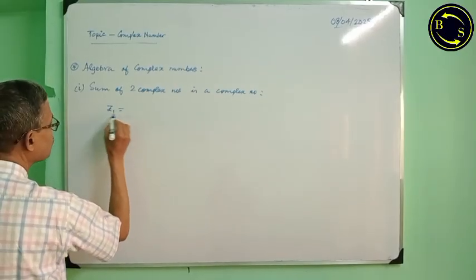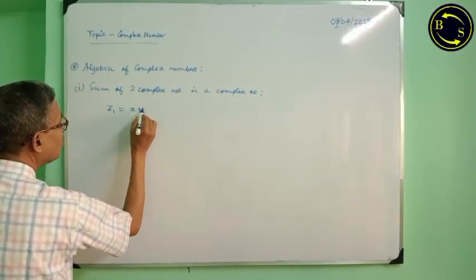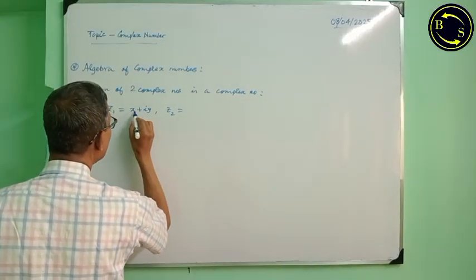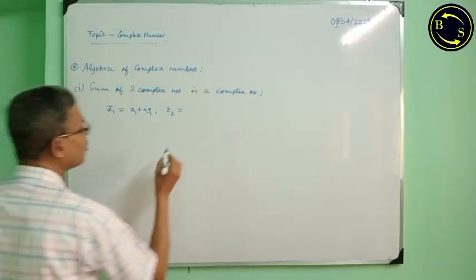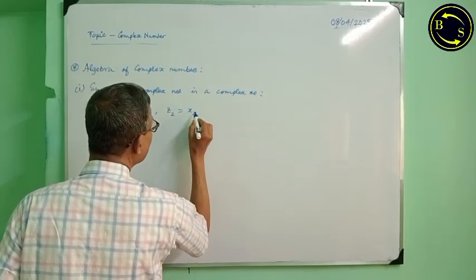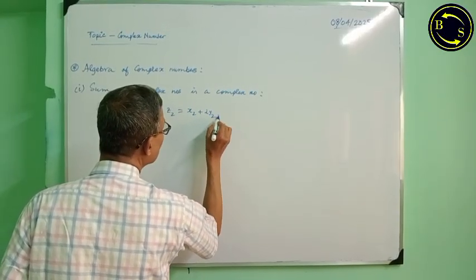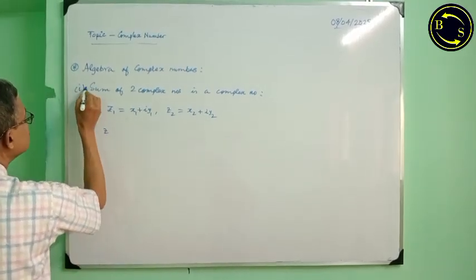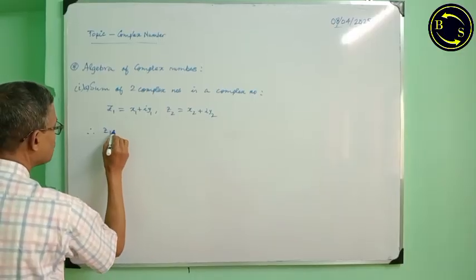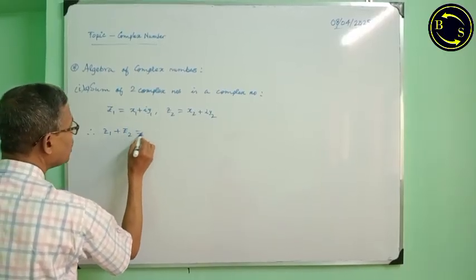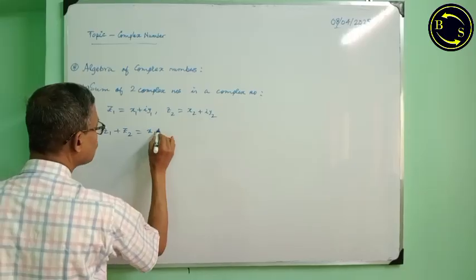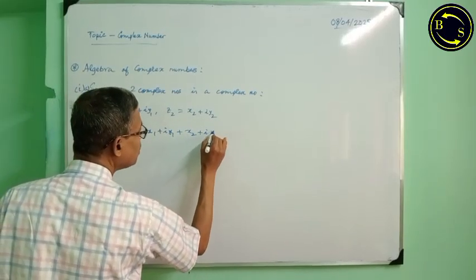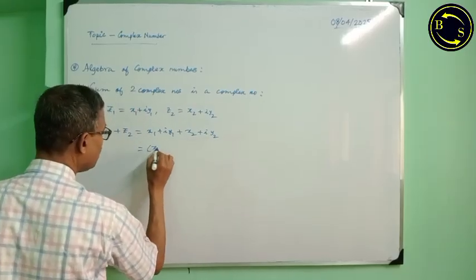Two complex numbers are Z1 = x1 + iy1, Z2 = x2 + iy2. Therefore, if I take the sum Z1 + Z2, that will be equal to x1 + iy1 + x2 + iy2.